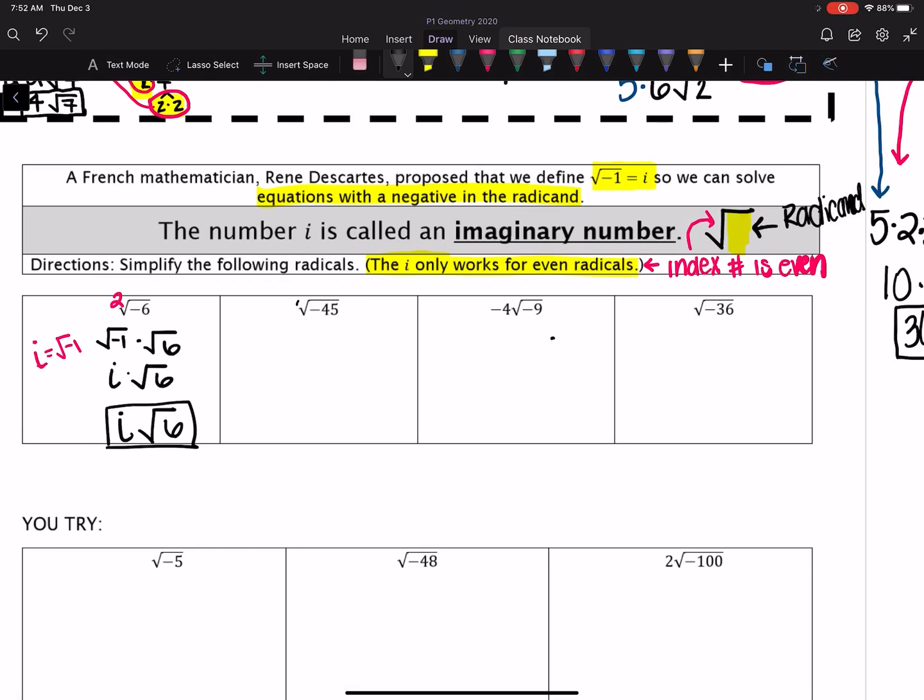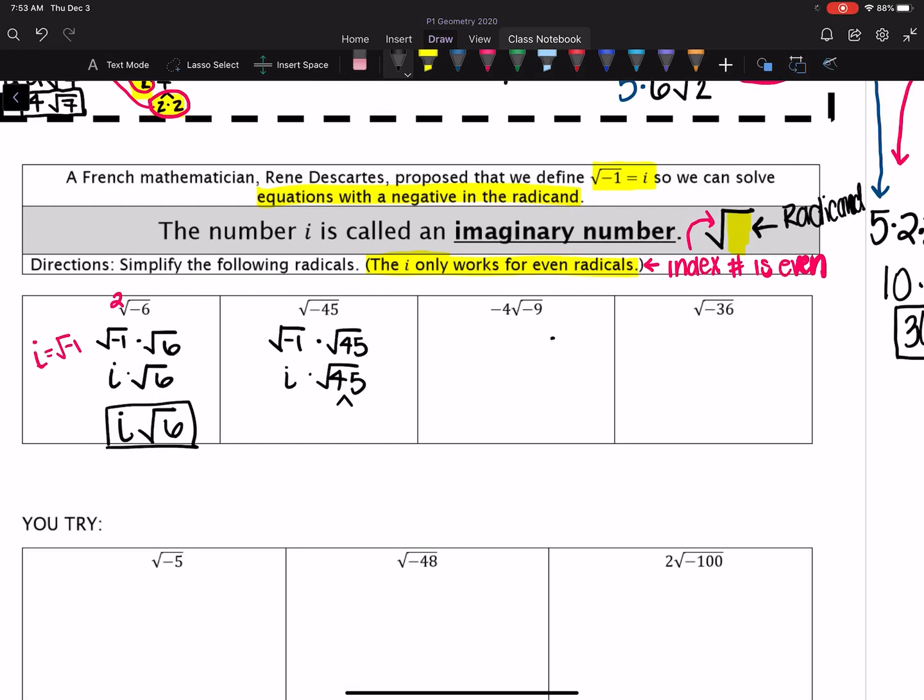In our second example, we've got the square root of -45. Again, we're going to rewrite this as the square root of -1 times the square root of 45. I know the square root of -1 is equal to i, so it's going to be i times root 45.